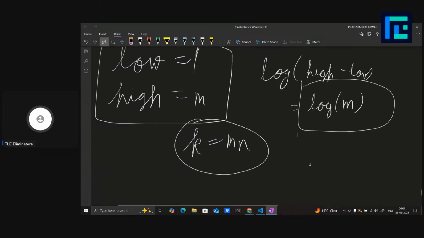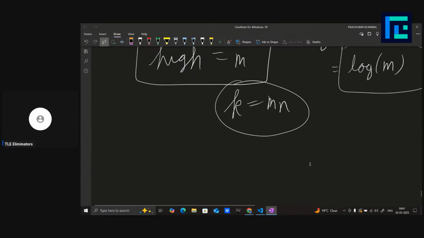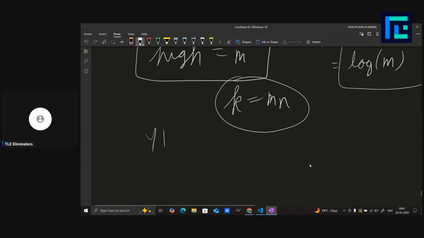So I hope it is clear to all. The logic is clear. If it is clear, then you may or may not write yes. But if it is not clear, then you may write what's your doubt.